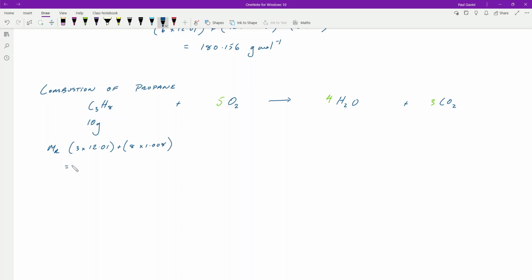So that's going to give me a relative molecular weight of 44.094 grams per mole. Alright, so if I want to convert this into actual moles, then moles is equal to mass over relative molecular weight, which equals 10 divided by 44.094.